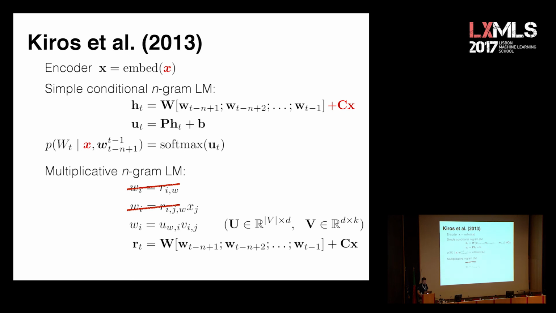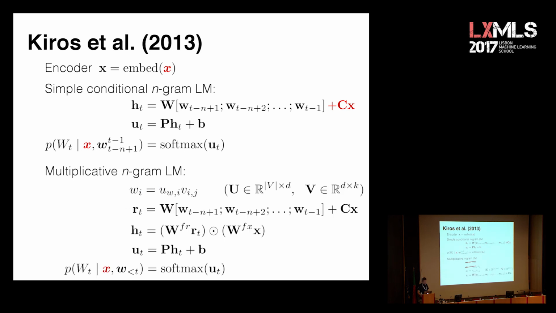I'm going to skip over this stuff in the interest of time. But basically, they have a slightly fancier formulation of h of x that lets you look at the interactions between the words in the n-gram and the image. And if you're interested, see me or have a look at these slides.